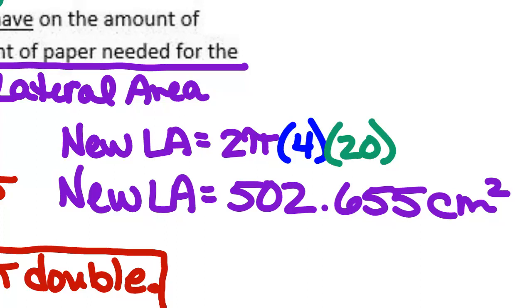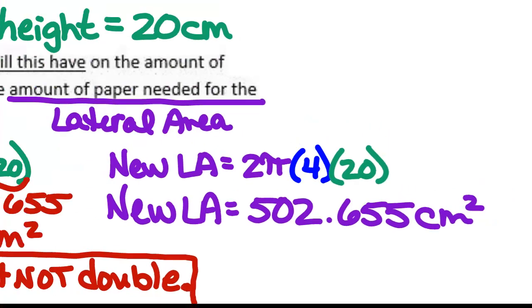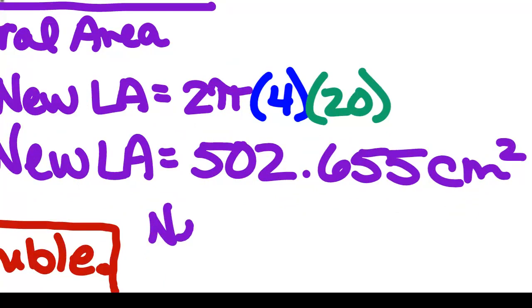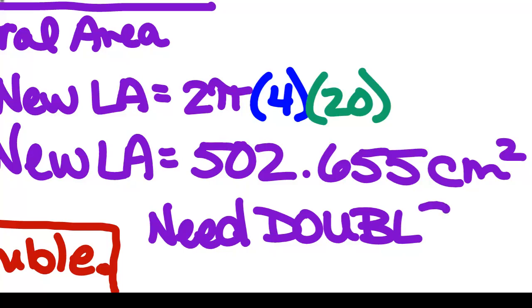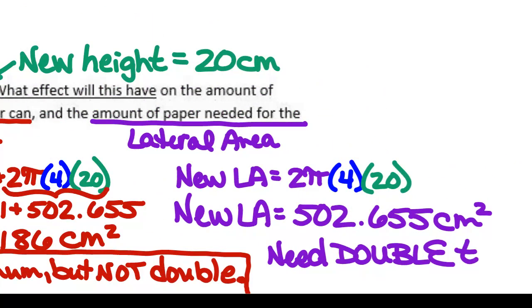Well, the old amount of paper was 251.327. Is this double? Yes. So you will need double the paper for the label.